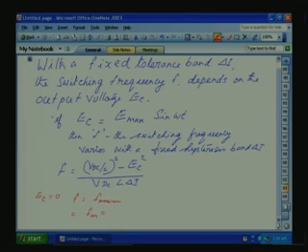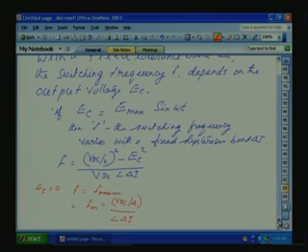Fm is equal to VDC by 2 whole squared, that will become VDC square by 4, divided by L delta I. This is the Fm. So, we can replace it as F is equal to Fm into 1 minus EC by VDC by 2 whole square.